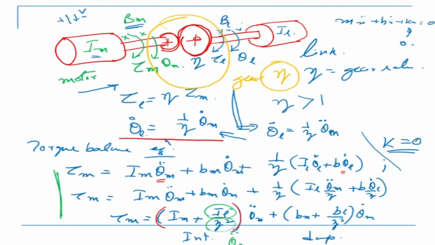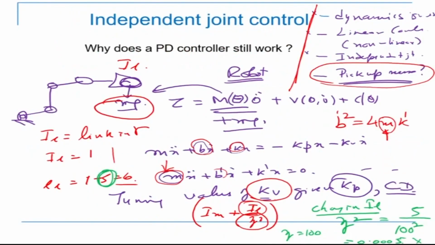But because there is a gearbox, the change in the inertia is reduced by zeta squared, which makes it negligible, so there is effectively no change on the controller. So pick up and drop an object, IL changes, but zeta squared ensures that it does not have any effect on the controller.